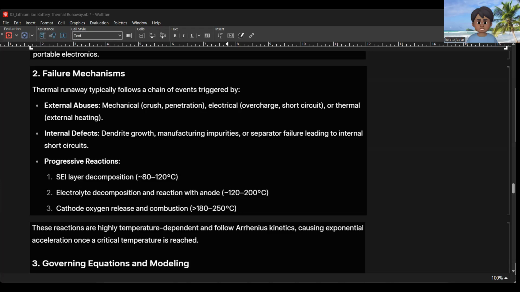Once triggered, it progresses through three stages: solid electrolyte interface layer decomposition, 80 to 120 degrees Celsius; electrolyte decomposition and reaction with the anode, 120 to 200 degrees Celsius; and finally cathode oxygen release and combustion, above 180 to 250 degrees Celsius, resulting in rapid heat generation and potential fire or explosion.